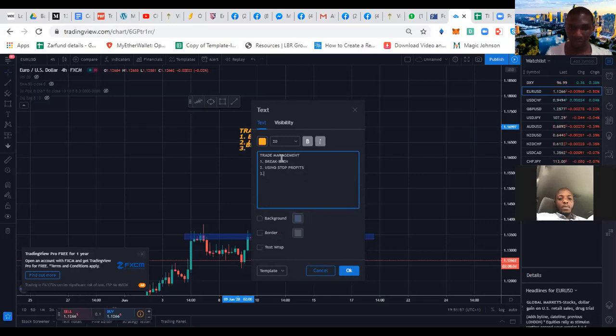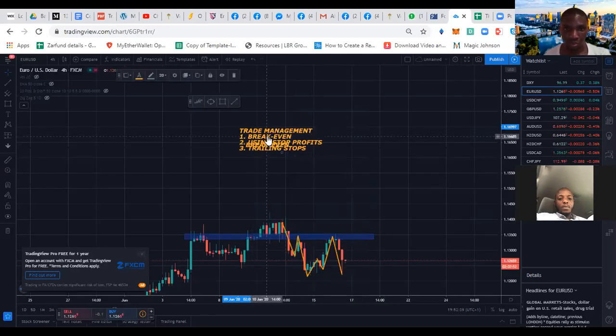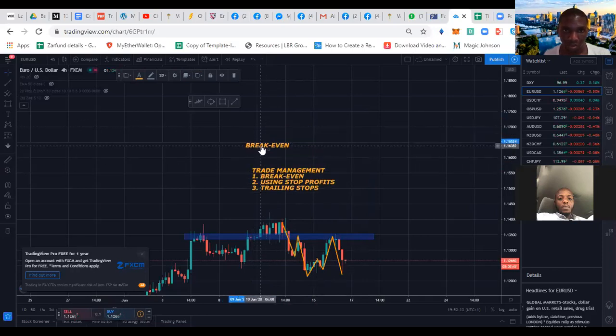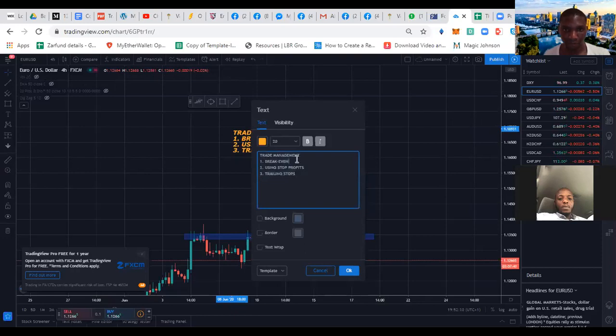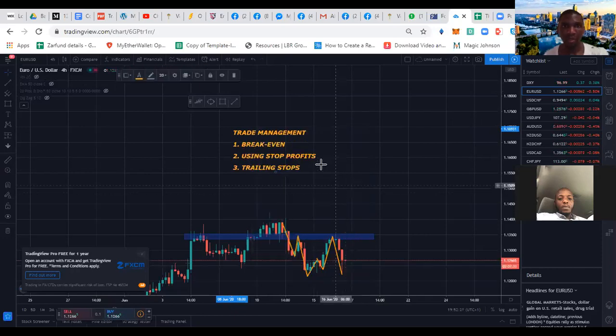Number three, using trailing stops. These are the things we do. Okay. So this is how you do trade management.